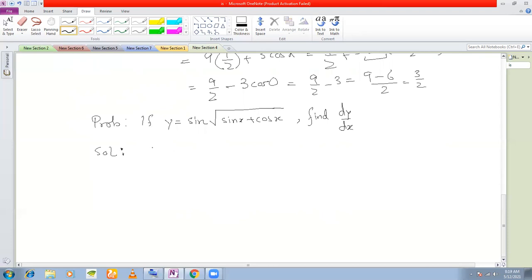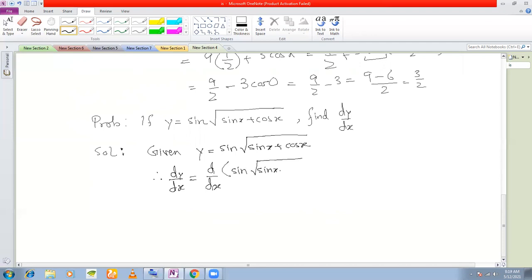You see. So here, given y is equal to sine root sine x plus cos x. Therefore, dy/dx is d/dx of sine root sine x plus cos x. Okay. So now, first we differentiate this sine to get cos.